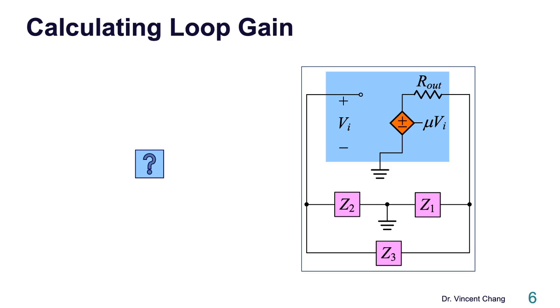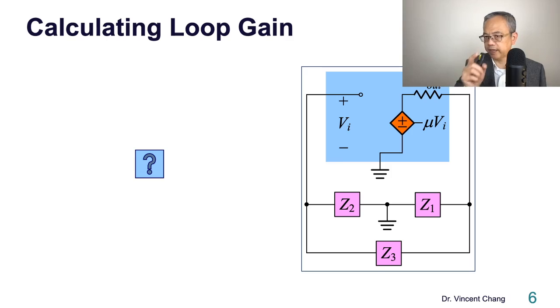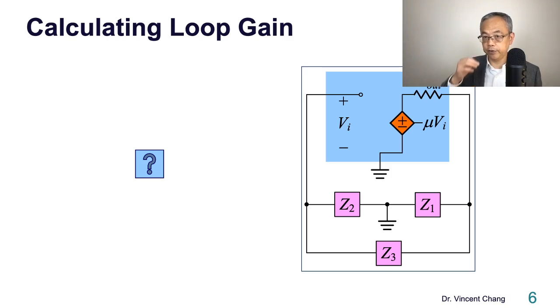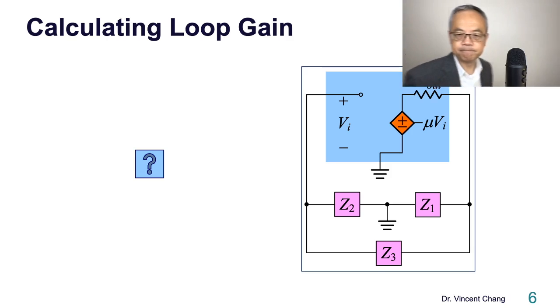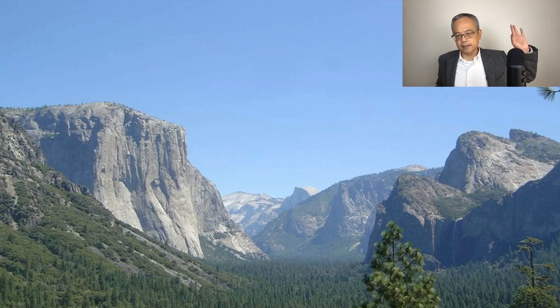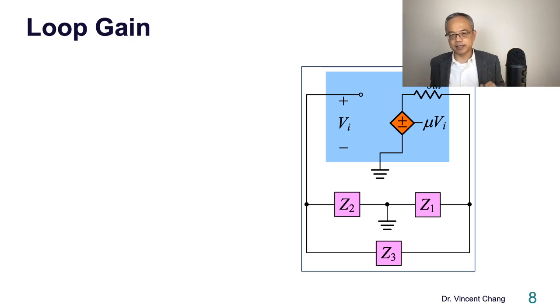Try to find out the expression for the loop gain of this LC-tuned oscillator. I give you 5 minutes, try to figure out the loop gain. So let's pause for 5 minutes. It's not challenging, right? So let's quickly go through this.